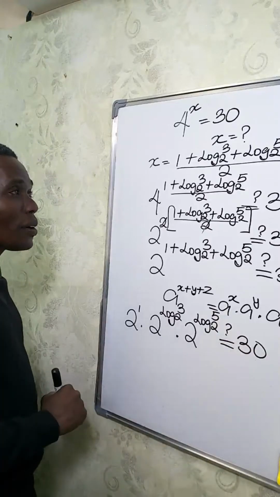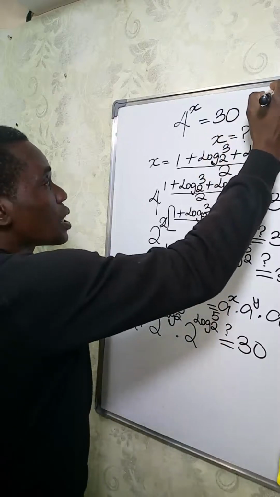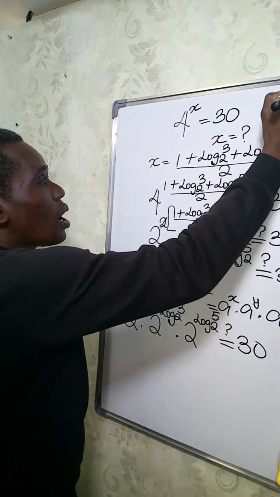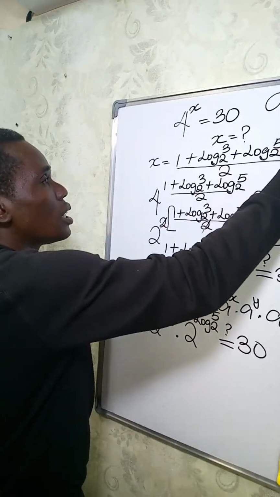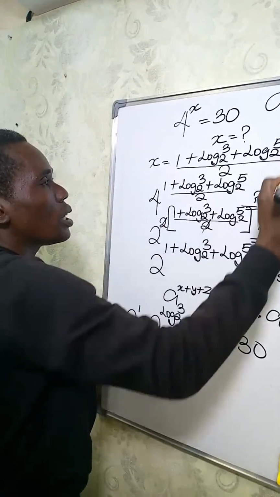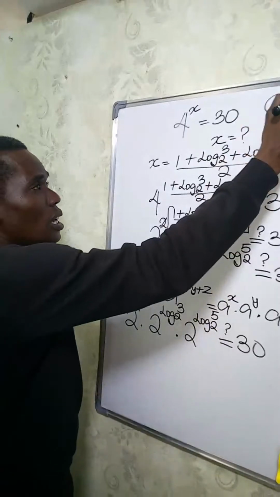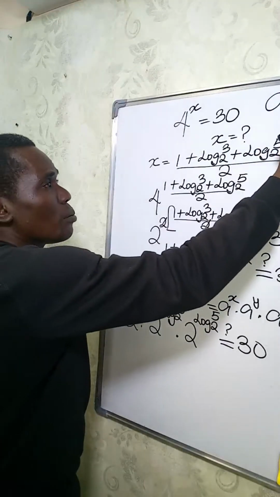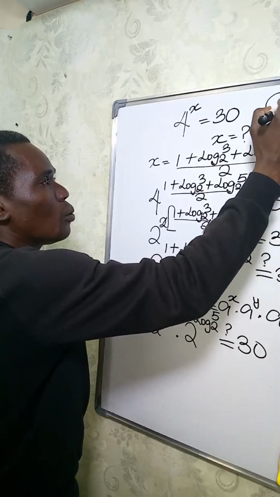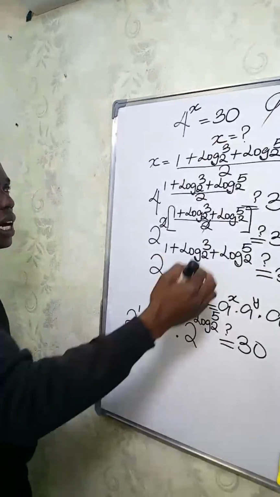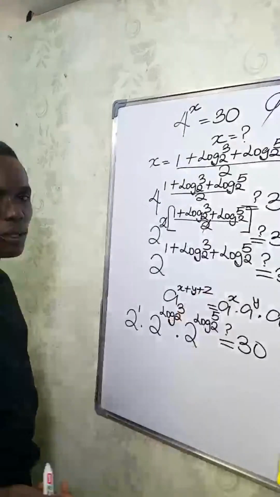Now recall one great law of logarithm, that if you have a to the power of the log of x base a, this can simply be equal to x, because a will cancel out a, and then x will give us the solution.